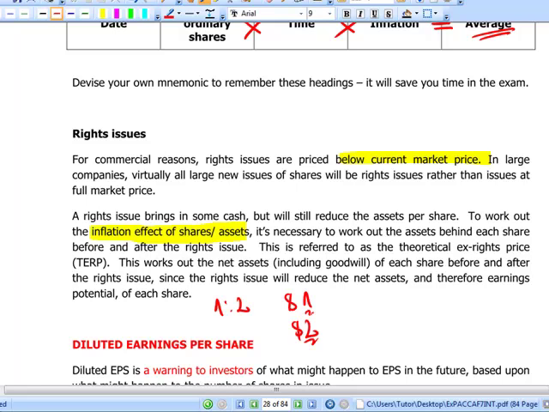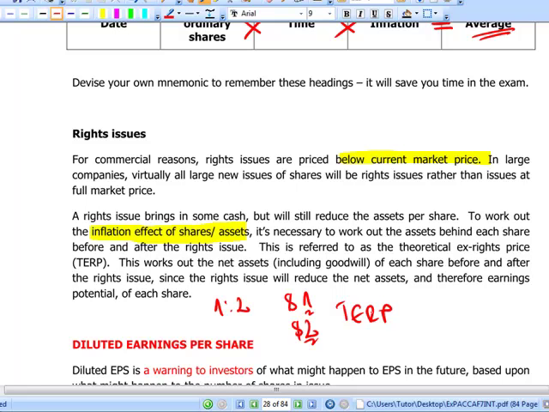Okay, so the idea is that with $1, basically I can buy only half of a share on a stock exchange, and basically what you need to work out in the exam is the theoretical ex-rights price.